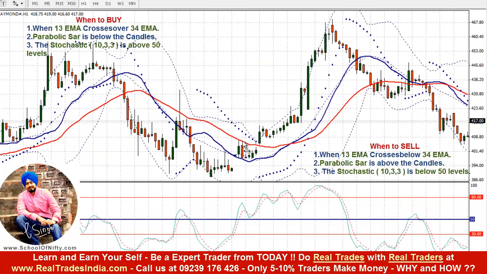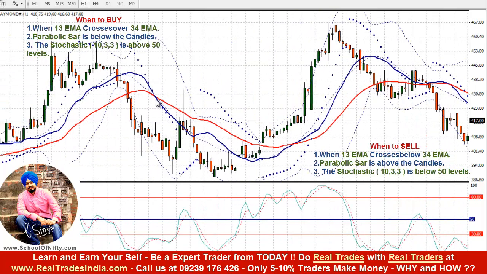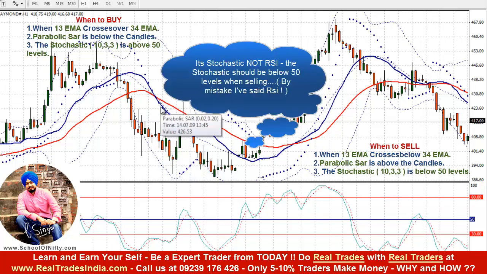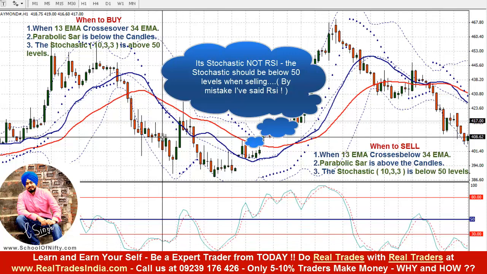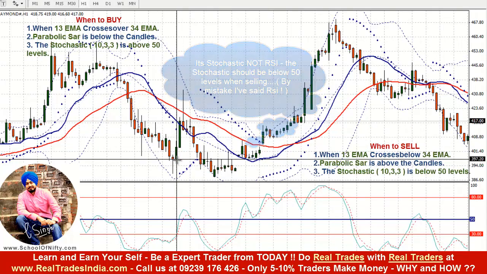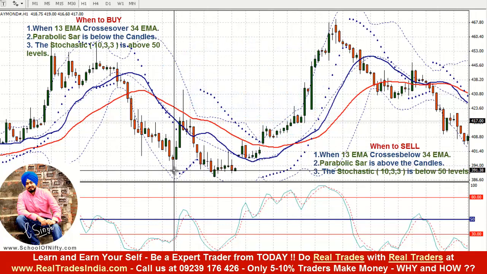And when you sell, as you can see over here, the 13 EMA should have crossed below the 34 EMA, the parabolic SAR should be above the candles, and the RSI should be below the 50 level. So over here it went from 408 all the way down to 391. So that's it, guys.